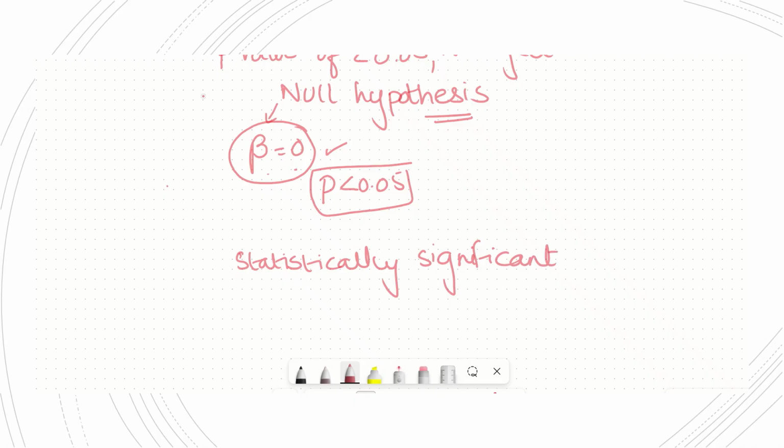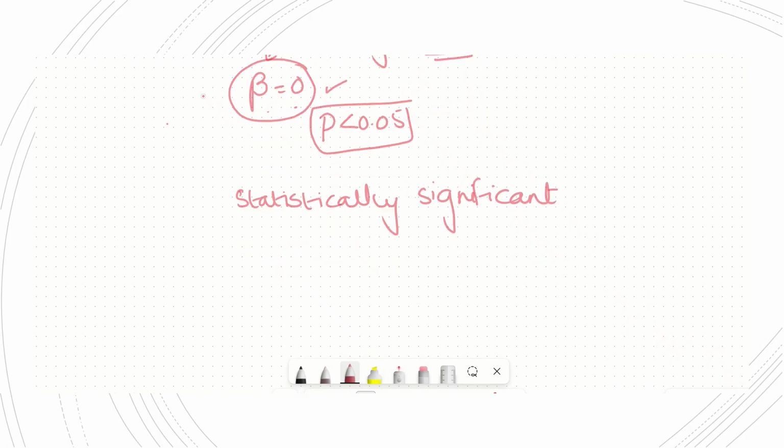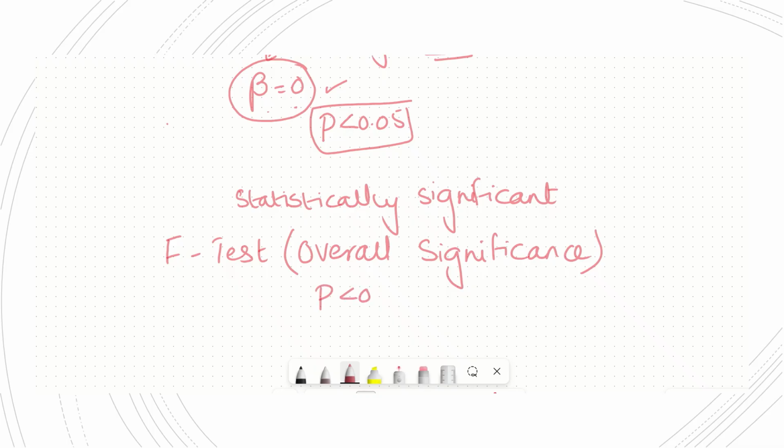Now if I take the F-test, the F-test is for the overall significance of the model. Again, if the p-value is less than 0.05, we reject the null hypothesis.